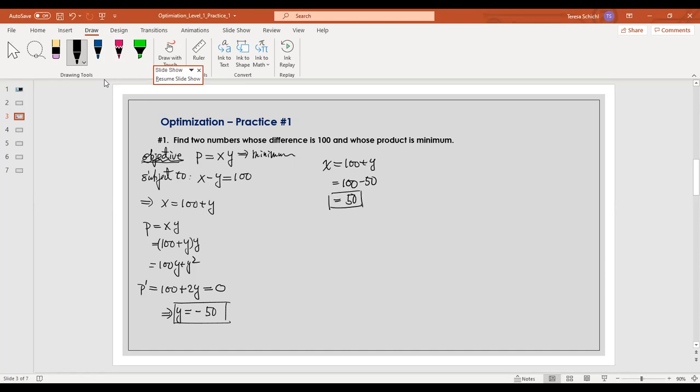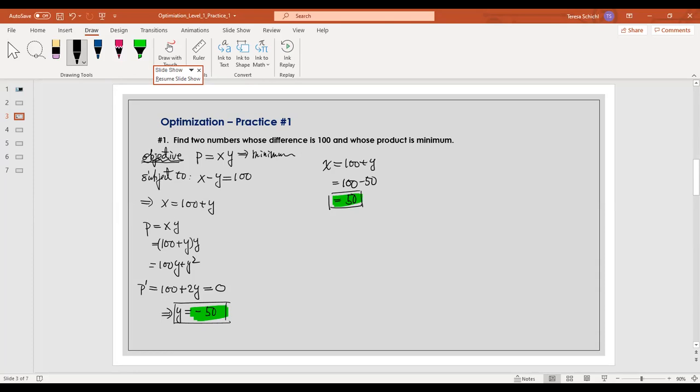Now for this problem we find the two numbers: one is 50, one is negative 50. When you take 50 minus negative 50, it gives you 100, and the product is negative 2500. That is the smallest value of the product. So this one is pretty straightforward, correct?